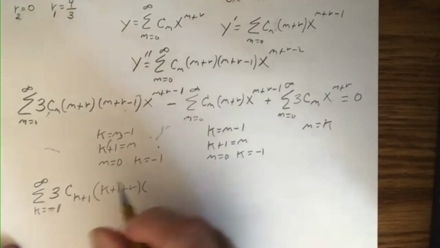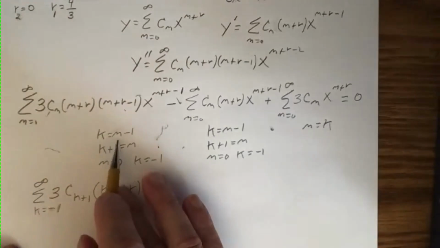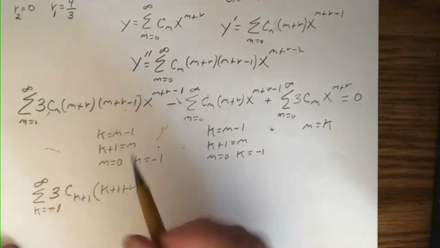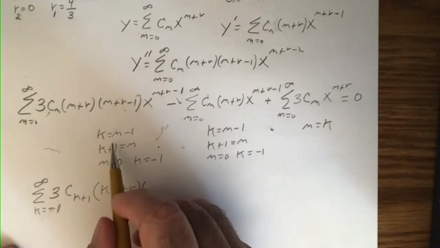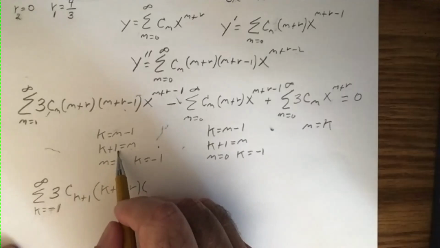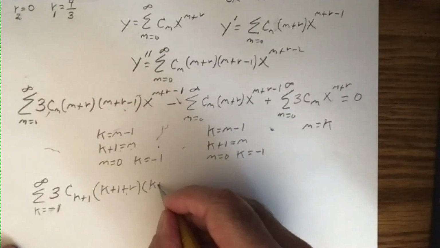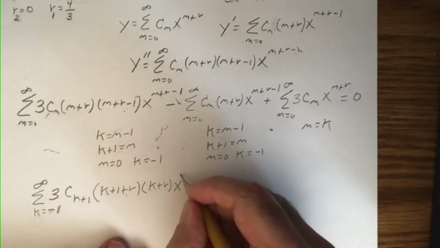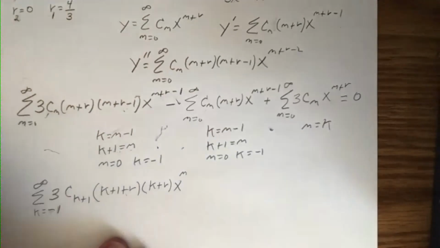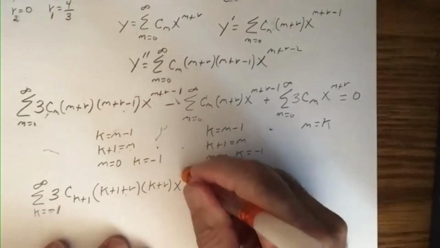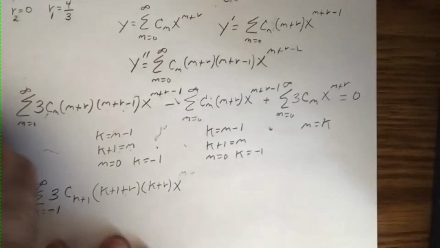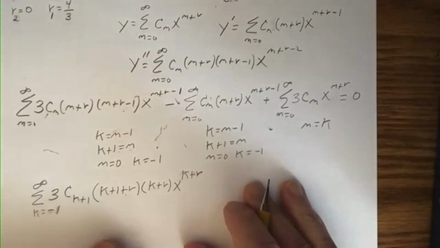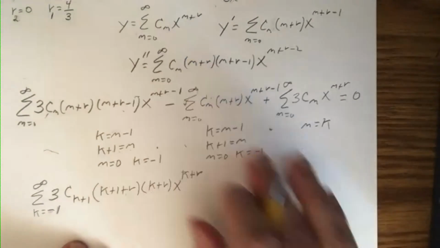And then this one here, I got an n, so this is k plus 1, and here I got the 1, so this is just going to be k plus r, and then x to the k plus r. Remember now, I want to make this k plus r.